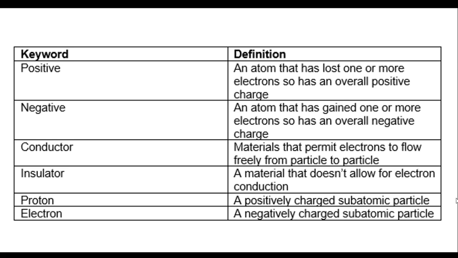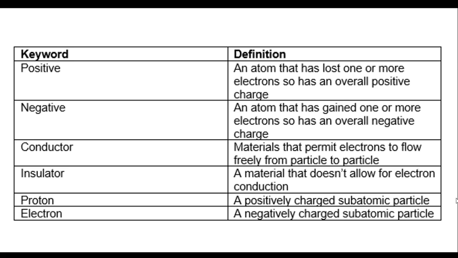So if they lose the negative charge, they then overall become positive. Negative is when an atom has gained one or more electrons, so it has more negative charge than positive charge, and overall it has a negative charge.